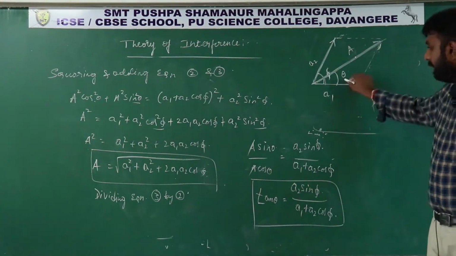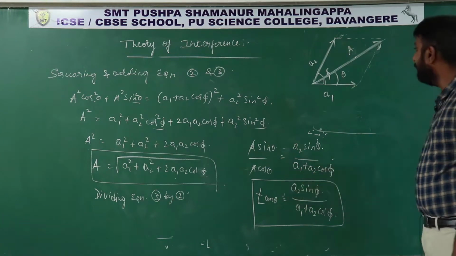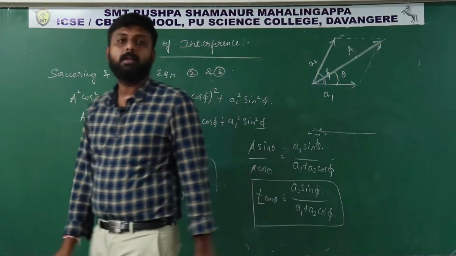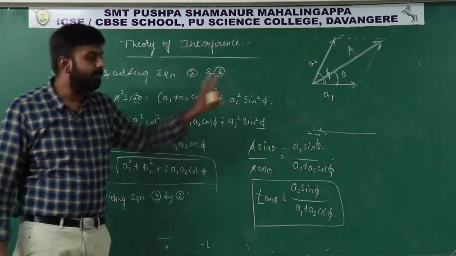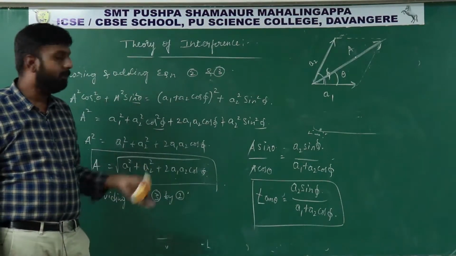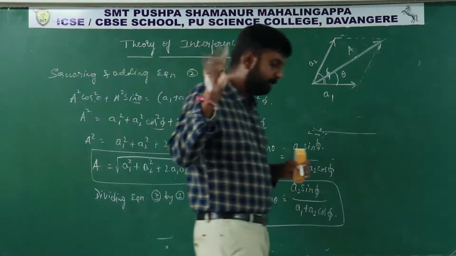To find this θ you have to use this formula, and to find the amplitude you have to use this formula. So mathematically we have derived it. This is useful to solve problems, and this derivation may also be asked for 5 marks.